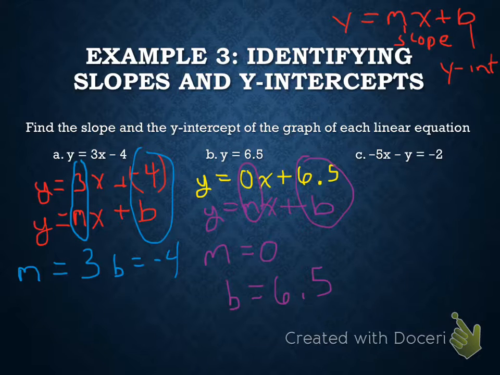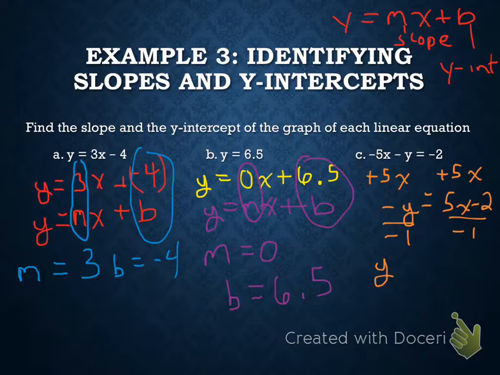Now on this one, it's not quite in the form, so we've got to move some stuff around to get the y by itself. So I'm going to add 5x to both sides. That's going to cancel out the negative 5x, but remember to bring down that negative sign. I've got negative y equals 5x minus 2. Now I've got to get rid of this negative sign, so I divide by negative 1.